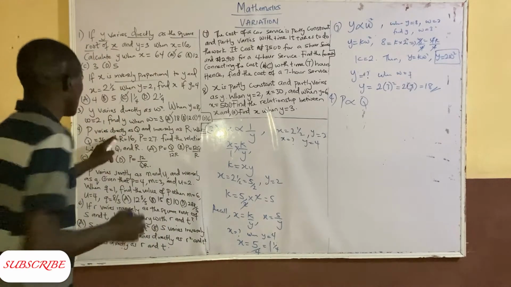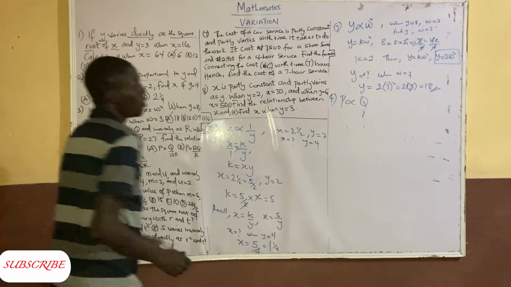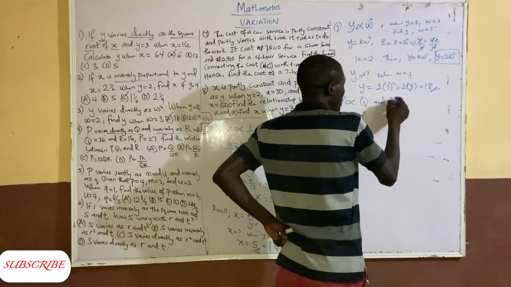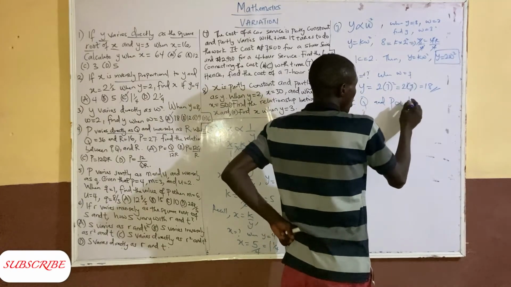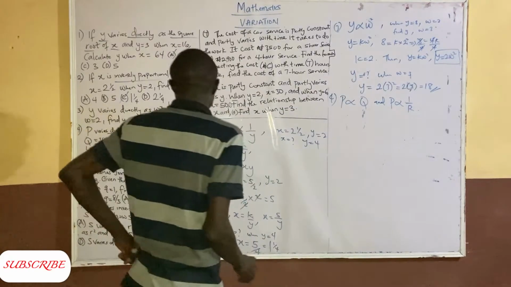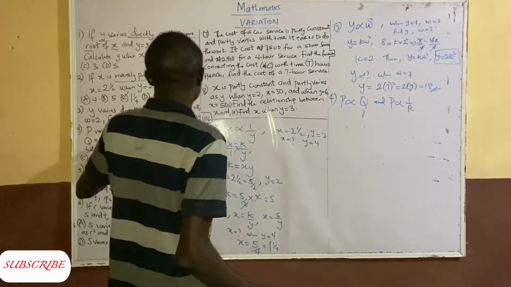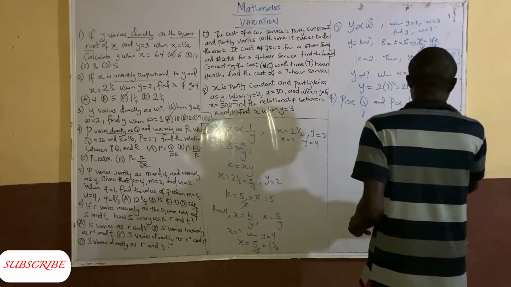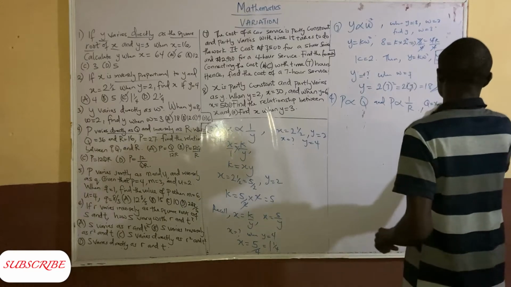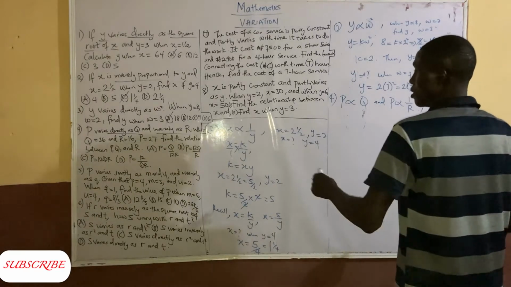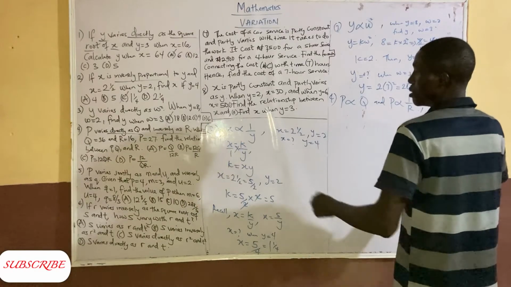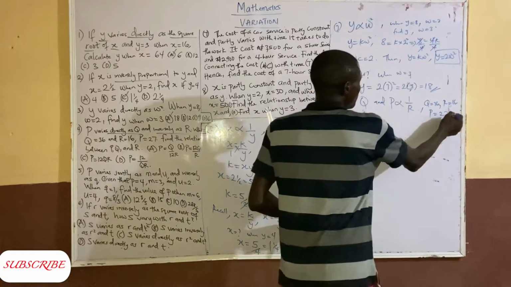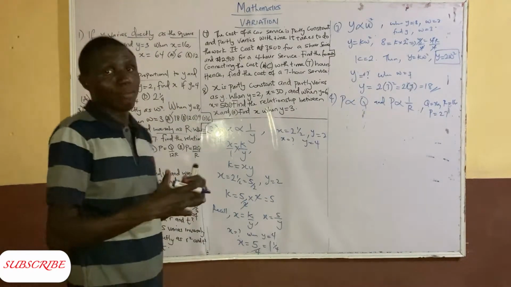P varies directly as Q and inversely as R. Please note that when Q is equal to 36, then R is 16, P is 27. We are asked to find the relationship between P, Q, and R.